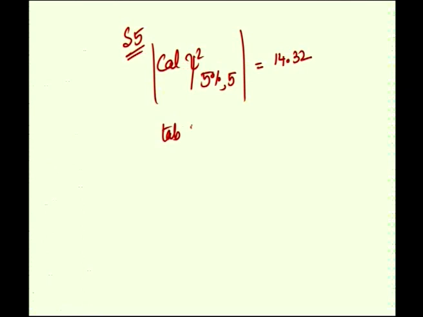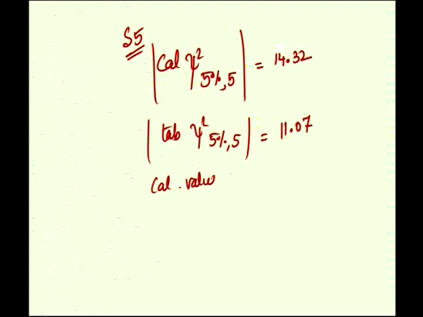Tabulated chi-square at 5%, 5 degrees of freedom is equal to 11.07. So, now just comparing, the calculated value 14.32 is greater than 11.07. Therefore, the calculated value is greater than the tabulated value, H naught is rejected.